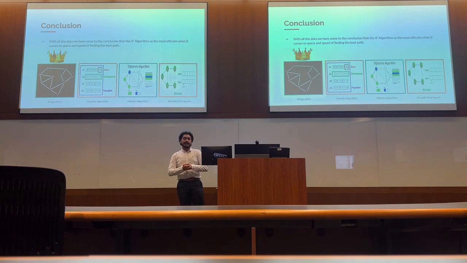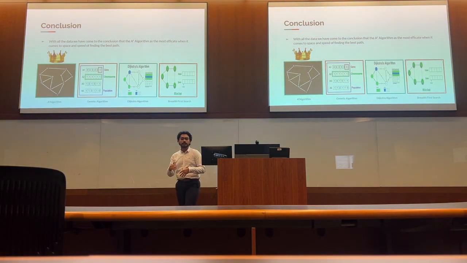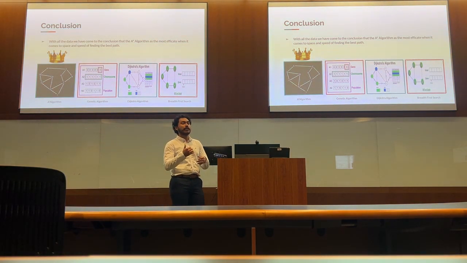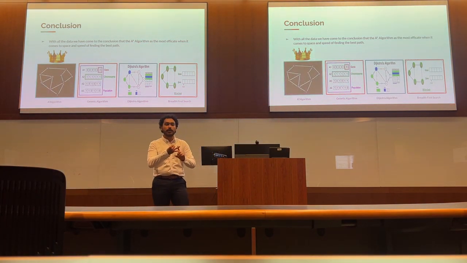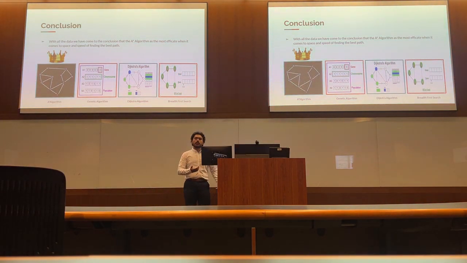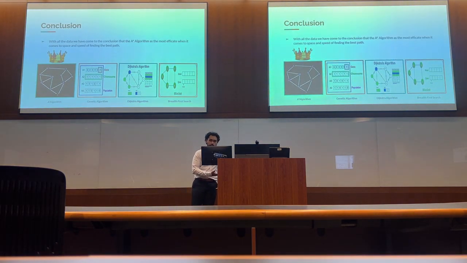The conclusion as a team is that the A-star algorithm is the most efficient algorithm when it comes to finding routes or pathfinding in video games. It is efficient and it's also memory efficient, so it doesn't take up a lot of actual memory, which other algorithms would. Let's say, for example, the D-star algorithm.